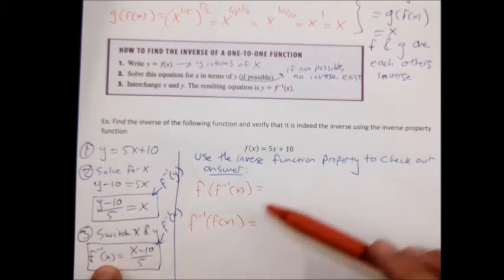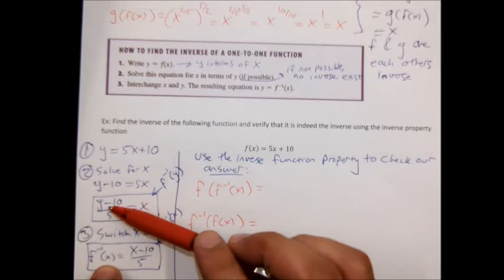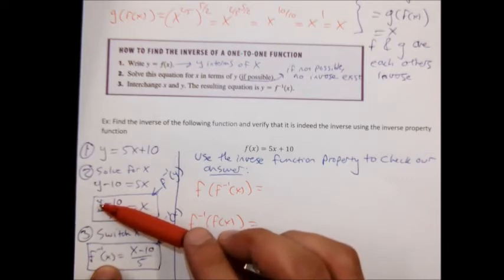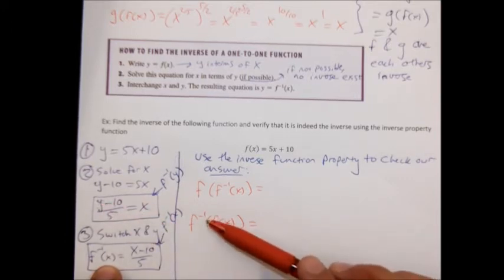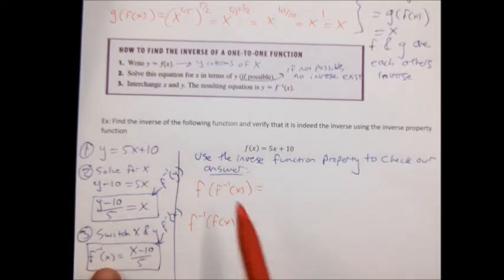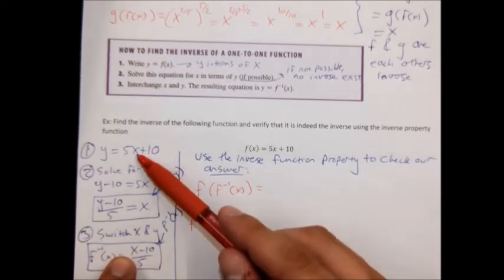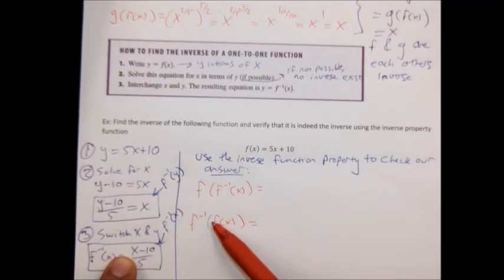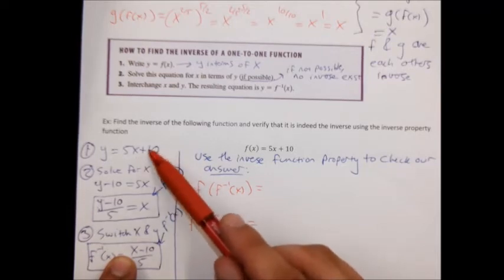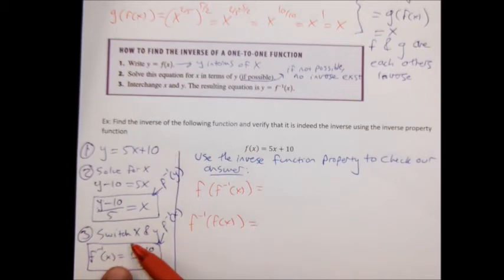The first step is taking the inverse, x minus 10 over 5, and plugging it into the original, so into this x. The second is taking our original function 5x plus 10 and plugging it into the inverse.